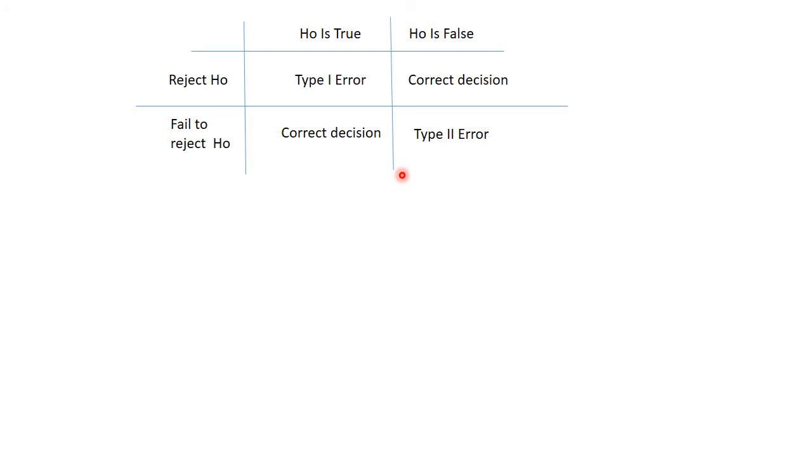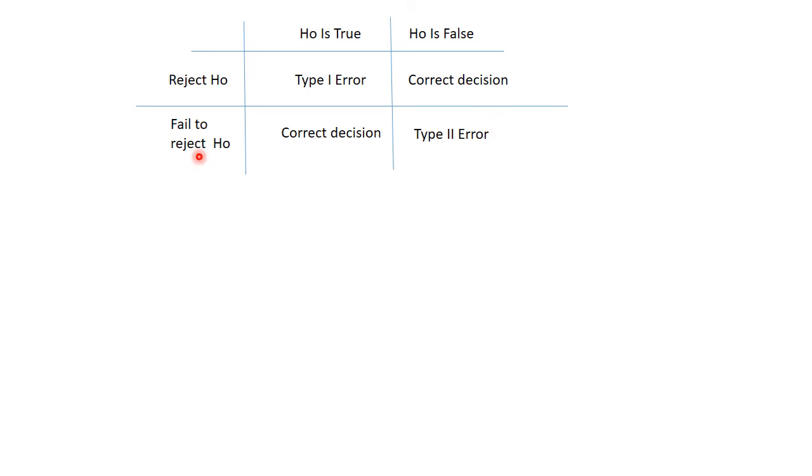Now let us have a recap of what we discussed so far in a simple way. Here H0 is true, that means the null hypothesis is true, that means the part is okay, and we are rejecting the H0, that means we are rejecting the part. This is called a type 1 error, and it is also called a producer's risk. The next case is the part is not okay, that means H0 is not true, and we are rejecting that, which is a correct decision.